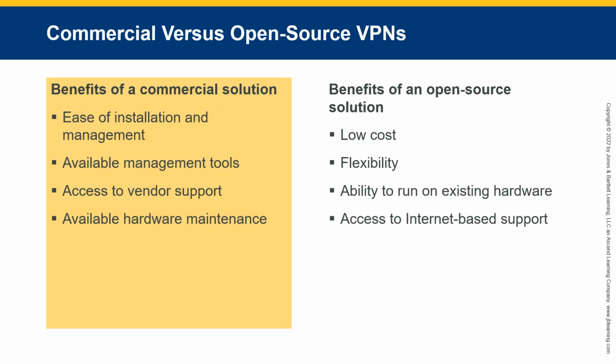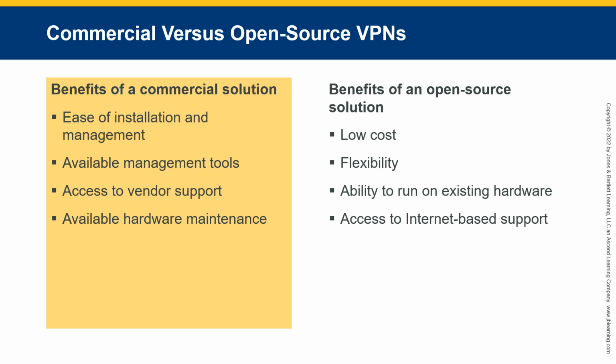So let's look at some ideas out here. When we're doing our deployment, you're going to come across commercial and open source VPNs. The benefits of the commercial solution, they're usually pretty easy to install and manage. There's available management tools, there's vendor support, and there's also hardware maintenance. Open source is low cost, it's flexible, it's very extensible.